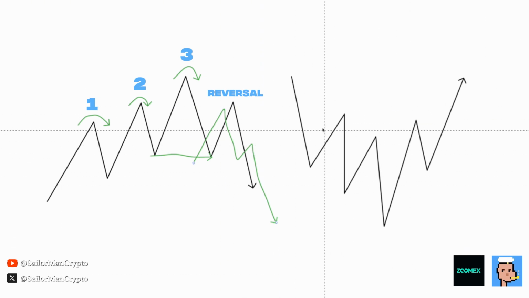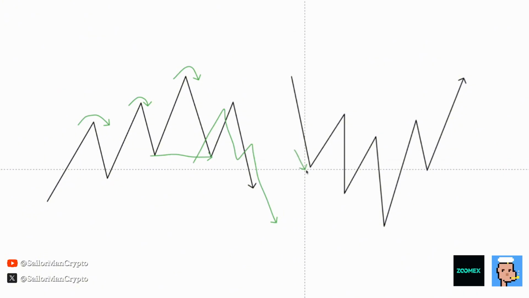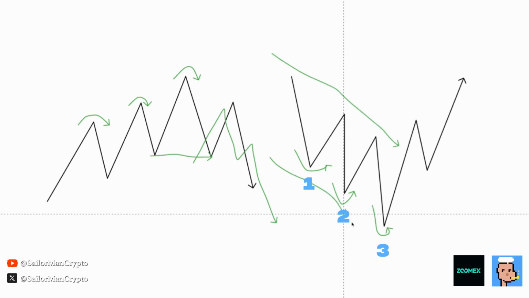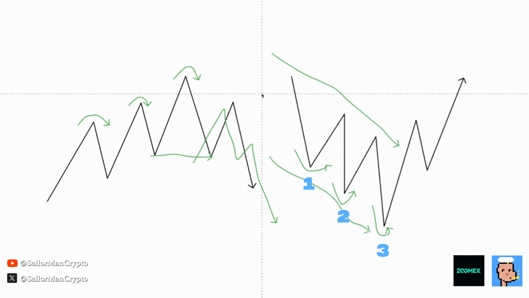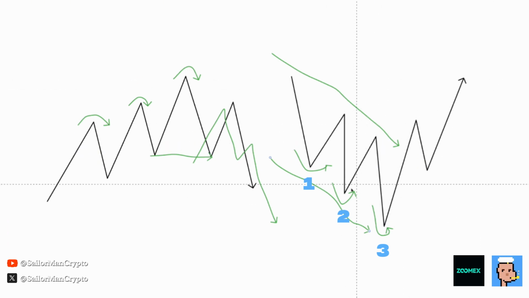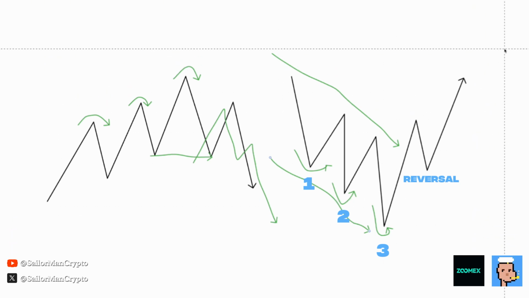The same happens for the bullish 3 drives. In this case you get 3 lower lows, so a clear downtrend, and then after the third drive sellers are exhausted and we have a break of market structure and an uptrend resuming in the other direction.